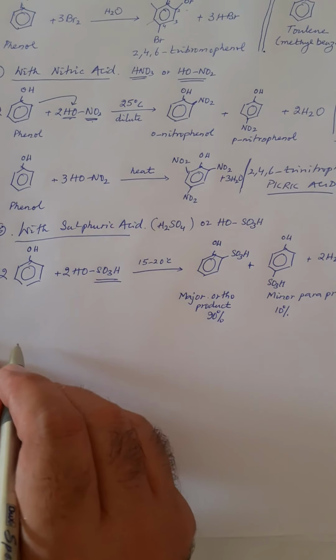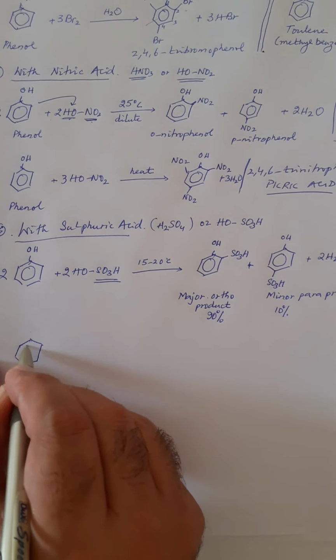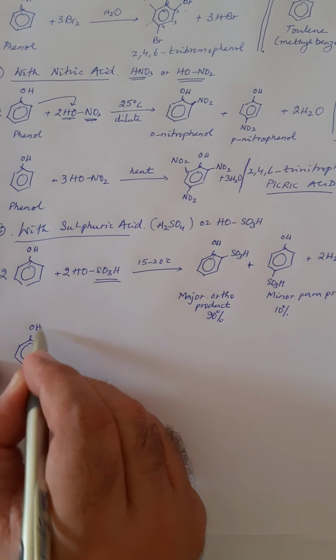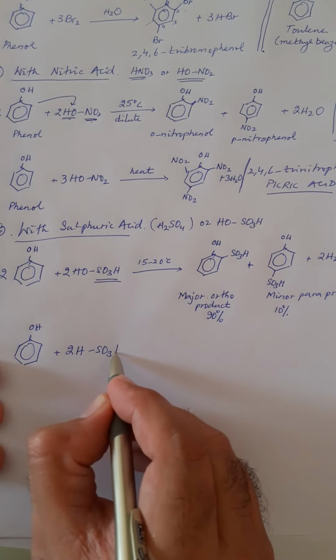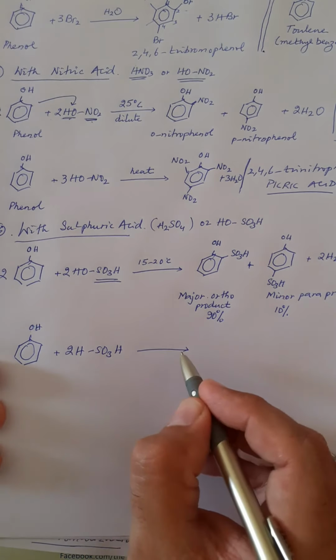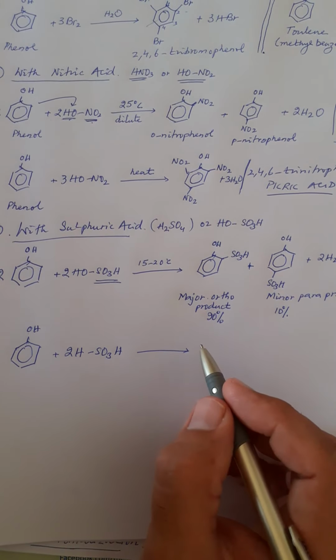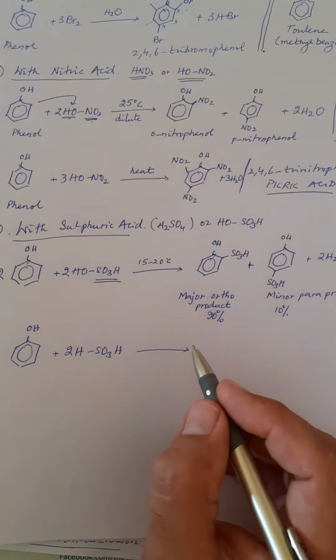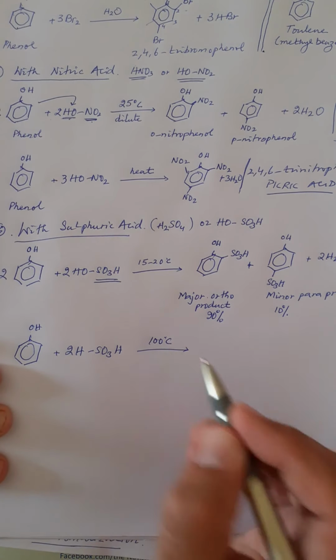If you go to high temperature, for example, we take phenol and make it react with similar sulfuric acid. If you go to high temperatures, then obviously the product will slightly change. Let's say 100 degrees Celsius.